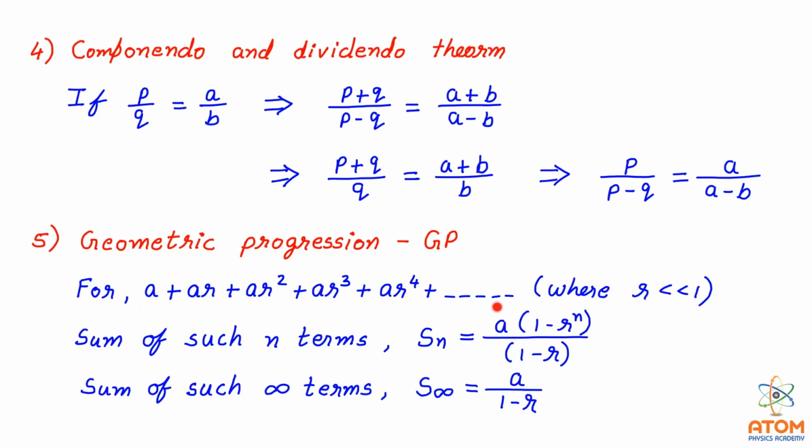So, this equation of geometrical progression is useful when we are having any such type of term in physics. Then we can use these equations to sum them up directly.